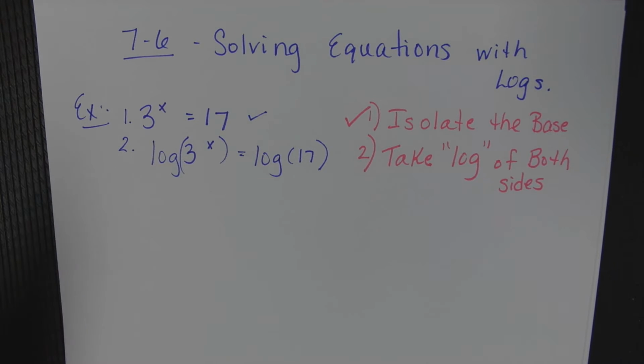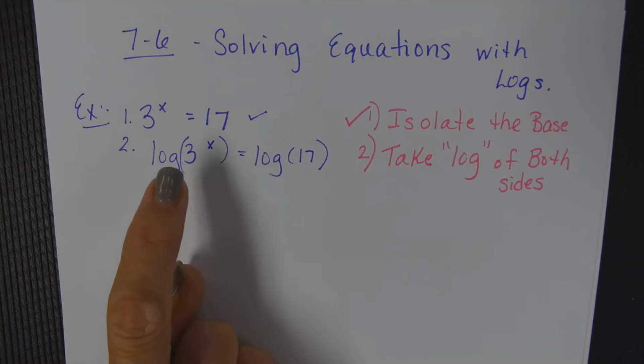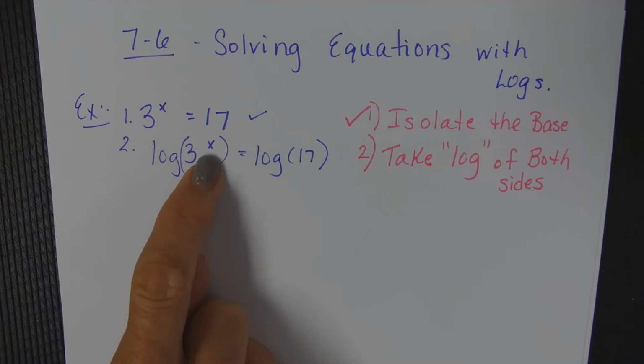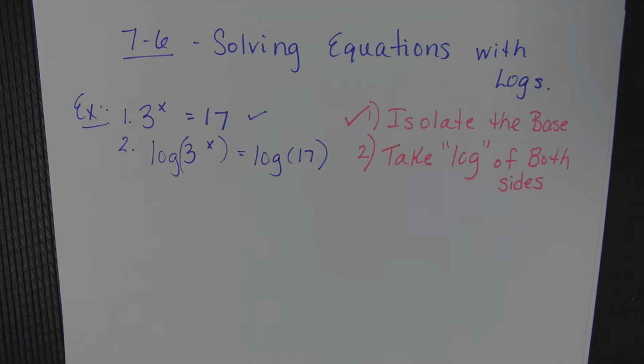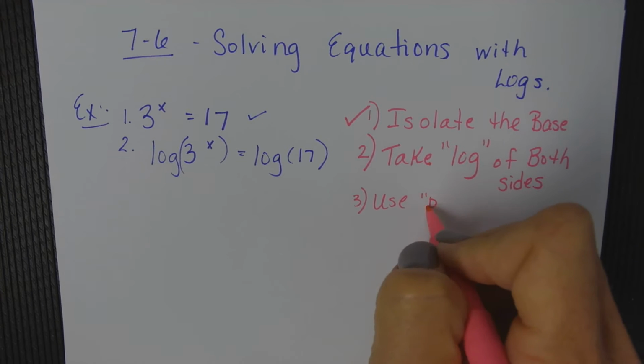So right now, I'm looking at this first one. Thinking of the power rule of the properties. Here's my exponent. Cameron, where is this exponent going to go? In front. Yes. So step 3 is just use your properties.